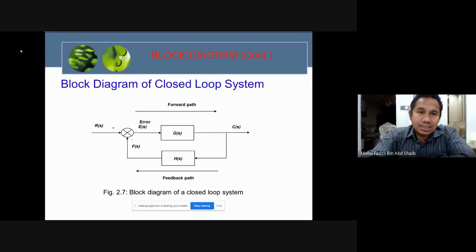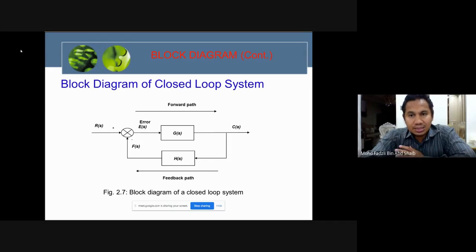Now we can see the block diagram of a closed loop system. We have G(s), we have C(s), and so on. We have input R(s), and the error.